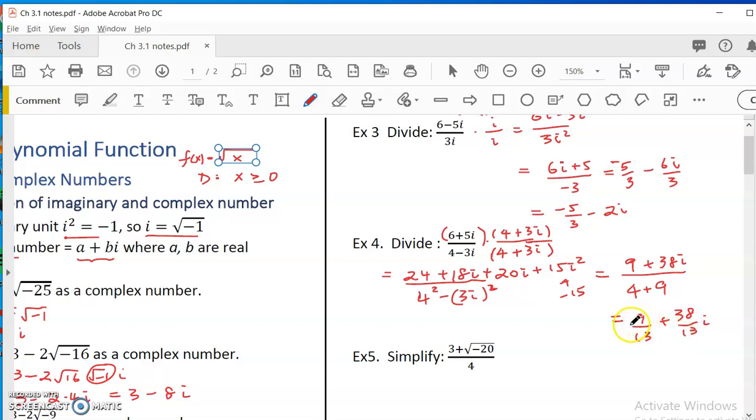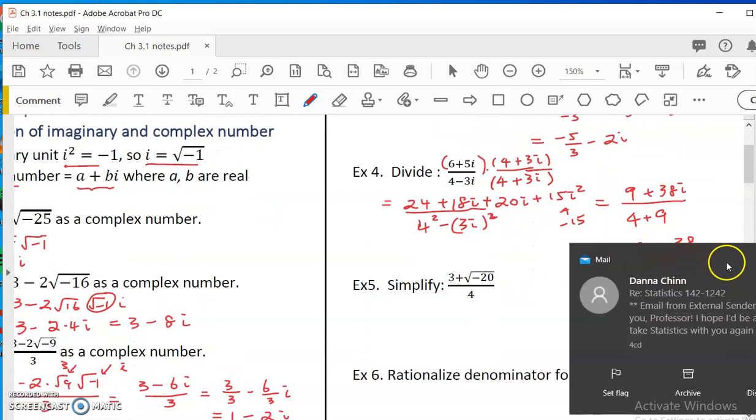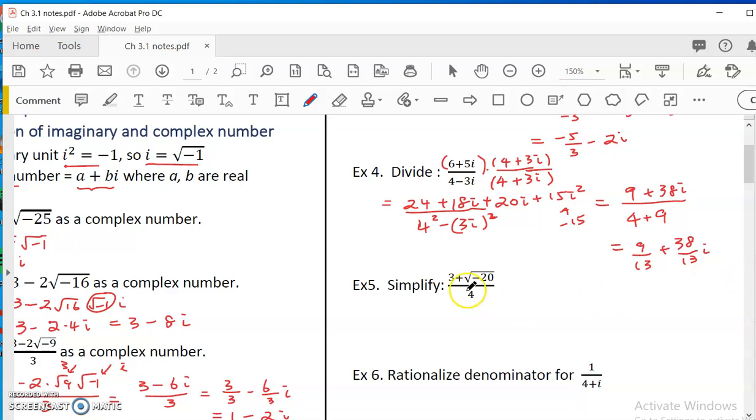In case you can't cancel, you can have a fraction. They're still real numbers, but it is in a plus bi form. What about simplifying (3 plus square root of -20) over 4? Whenever we see the square root of -20, we know this has to split up as i. 3 plus square root of 20 times square root of -1, and this would be i, right? Divided by 4.